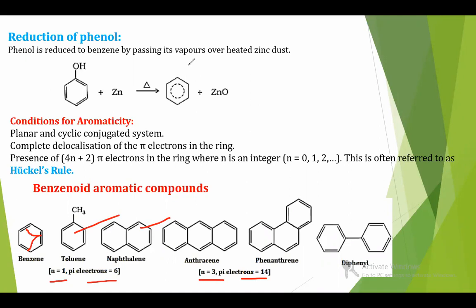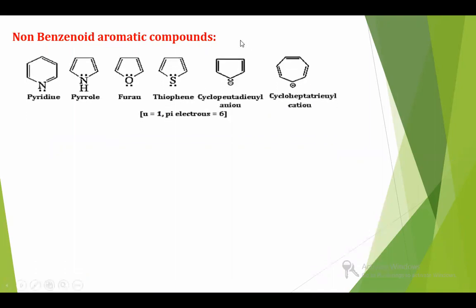Benzenoid aromatic compounds consist of a benzene ring. A few of the compounds do not have the benzene ring; those we call non-benzenoid aromatic compounds, apart from the benzene six-membered ring.